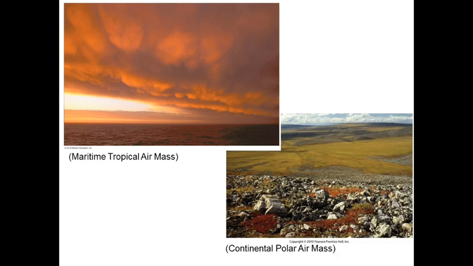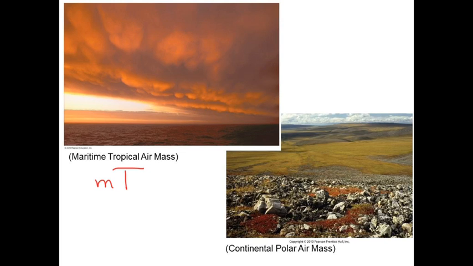The clouds kind of give it away. You can't tell that it's warm, but this one right here is called a maritime tropical, little m, capital T. We're going to use 2 letters to designate these 5 different air masses. Maritime meaning moist, tropical meaning hot. This one kind of looks cold, right?